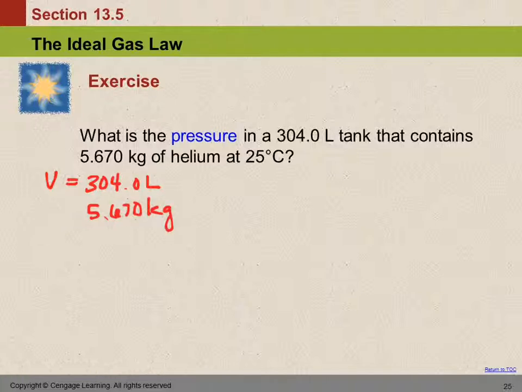You're like, yeah, I don't know what to do with that. I'm going to skip that one for now. Just leave it sitting there. 25 degrees Celsius, that's a temperature. But we need to convert that. I'm going to add 273. I'm going to end up with 298 Kelvin.